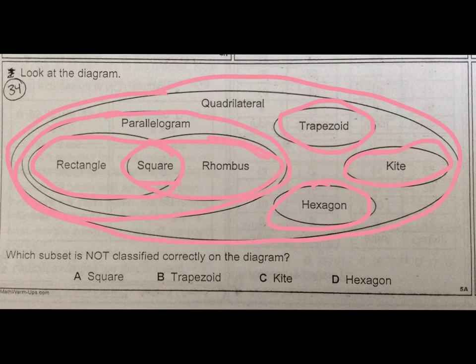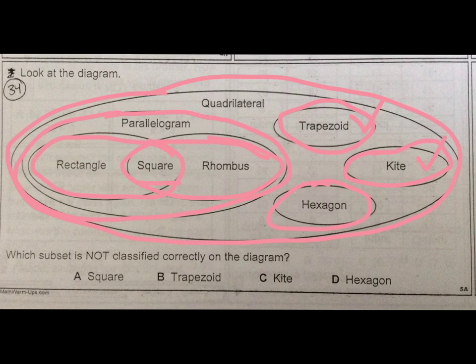One of these is not a 4-sided polygon as a closed figure with straight edges. Now, a kite, even though we don't really talk about it being one of our shapes, it indeed is a 4-sided figure. It fits the quadrilateral specifics. Trapezoid, we know, kind of looks like a skirt.